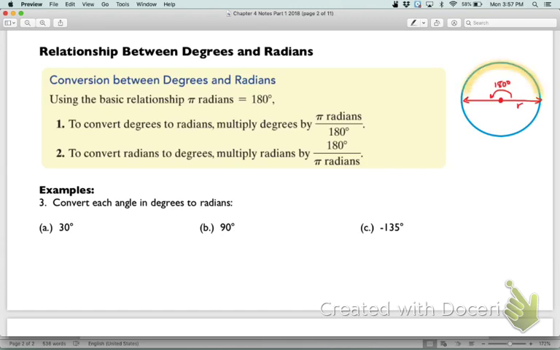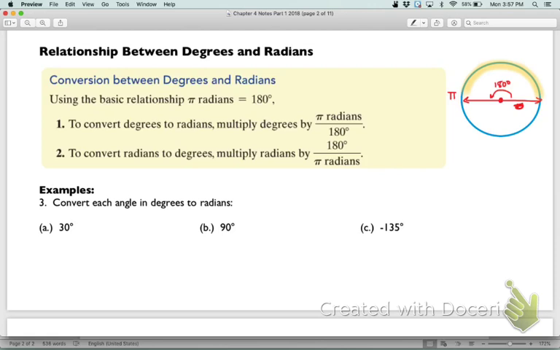Since the circumference of a circle is 2 pi r, half of 2 pi r is just pi r. Whatever the radius is doesn't really matter, because the arc length is always going to be pi. We'll talk about that in a little more detail. But 180 degrees is half the circle. Pi radians is half the circle. So that's always how we want to think about that.